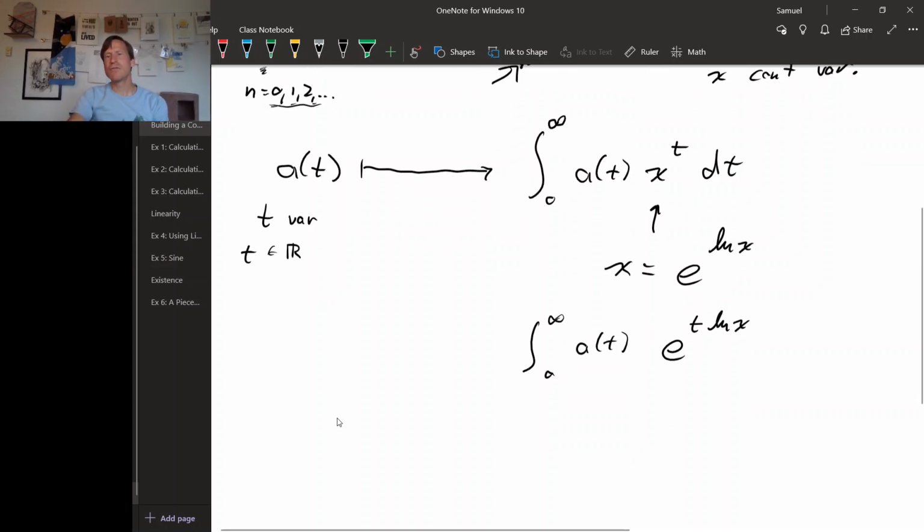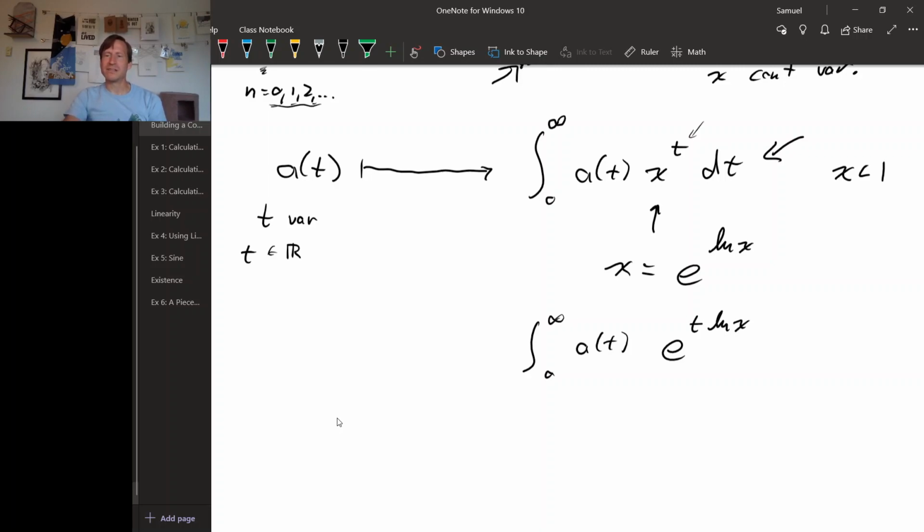Now, for this original integral to have any hope of converging, x had better be less than 1, right? Because we're raising x to larger and larger powers, since t can go from 0 to infinity. If x is bigger than 1 and you start raising it to really big powers, this is going to blow up.